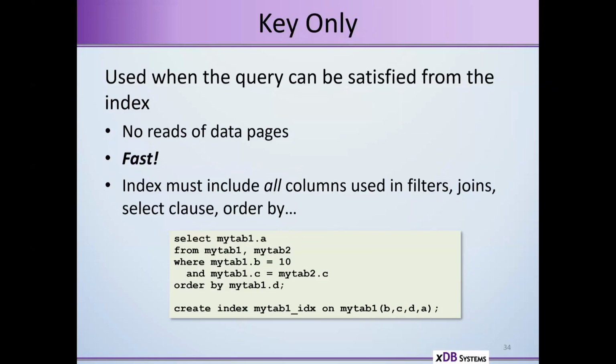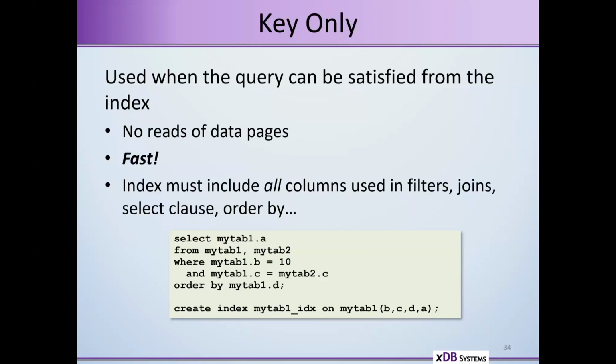Now, a key only is also shown in your query plan, and the key only index reads are excellent and they're very fast. What it's telling you here is the index has been used to satisfy the query. We haven't needed to jump to the data page at all.